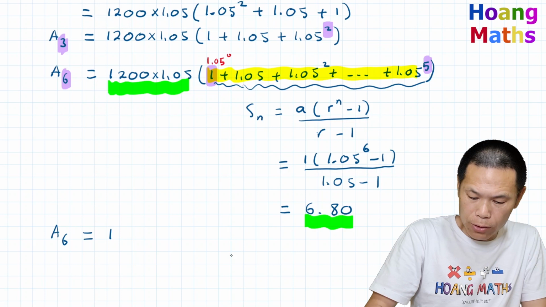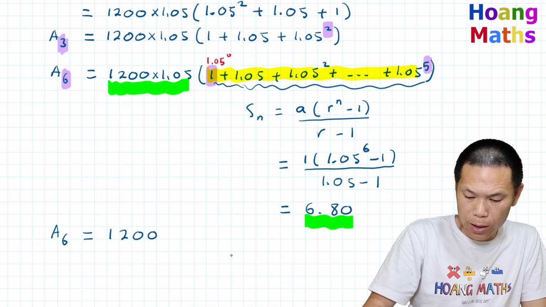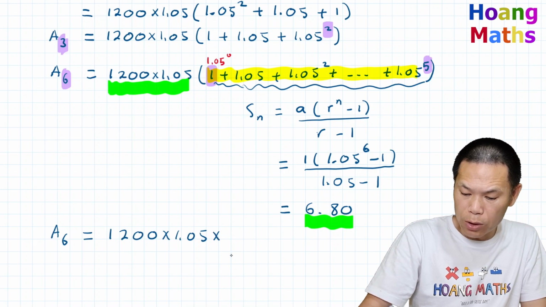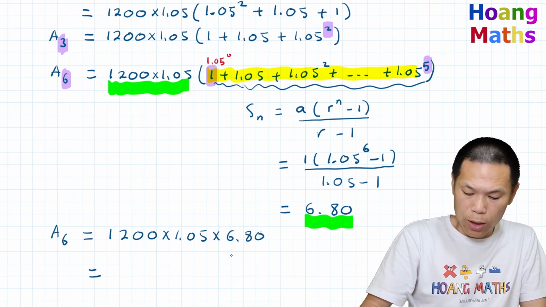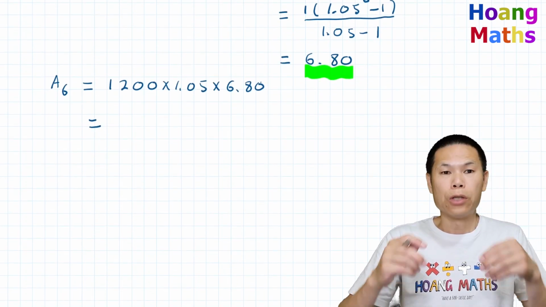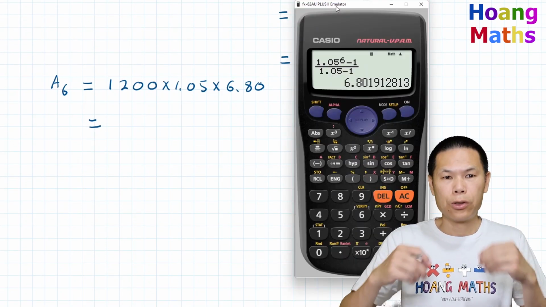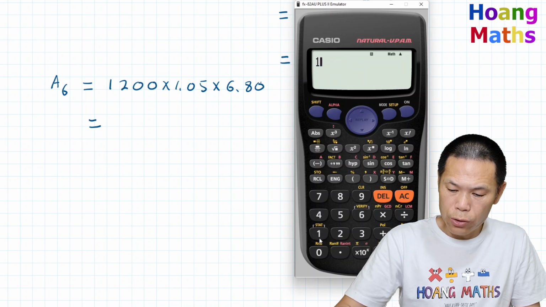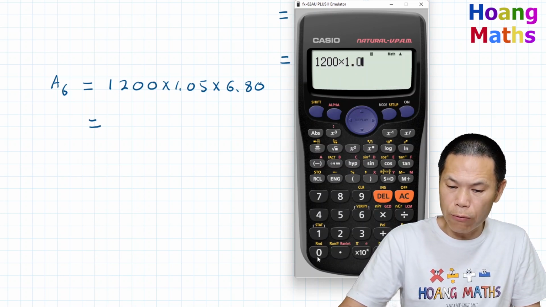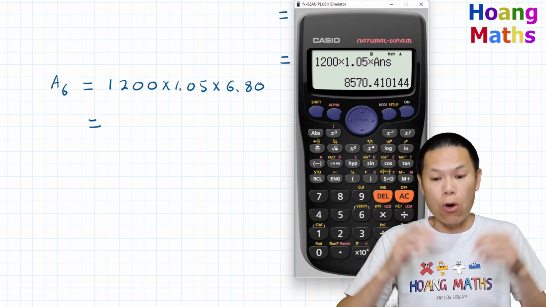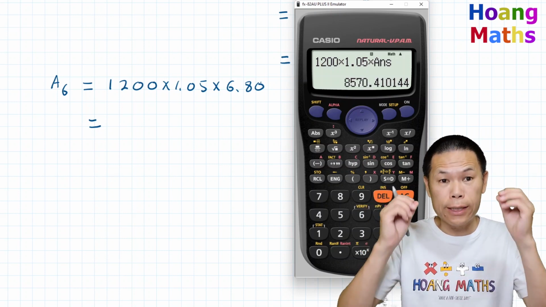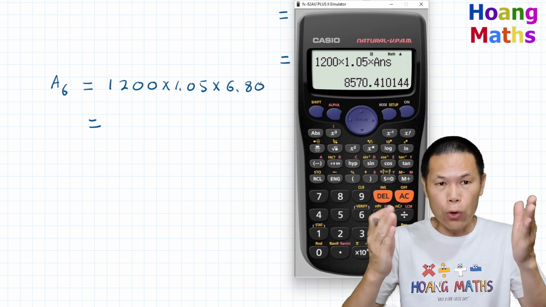1,200 times 1.05 times 6.80. So that will give me, I just put that on a calculator. 1200 times 1.05 times the answer. So there you go, $8,570.41.